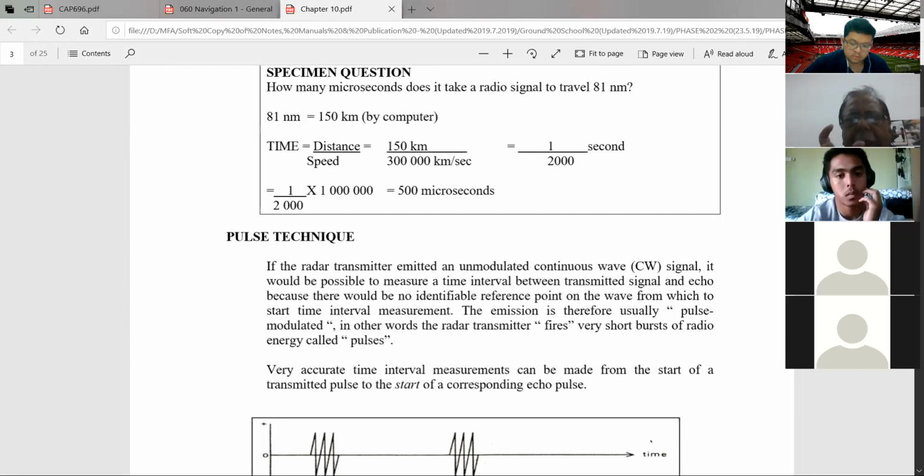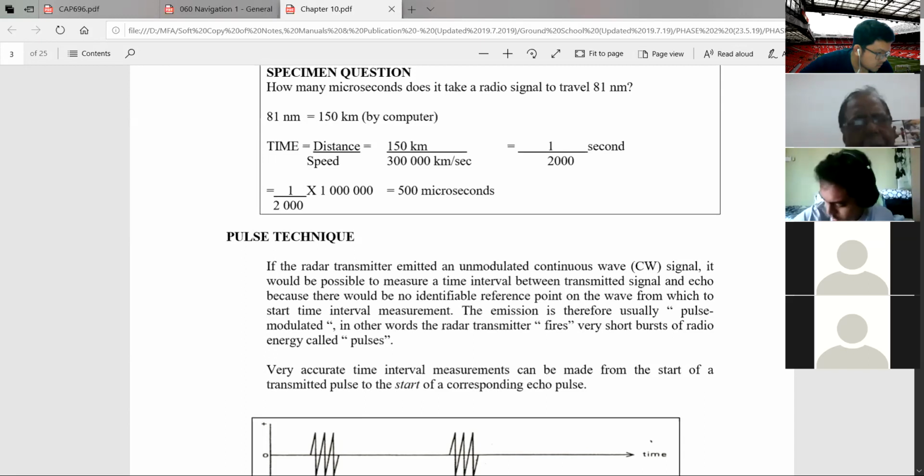Now we measure the length or the duration of the pulse. We transmit 1 pulse, 2 pulse, 3 pulse, 4 pulse. Each pulse has a duration, a length. Now you tell me, how much distance will you cover in 3 microseconds? Come on, faster now.